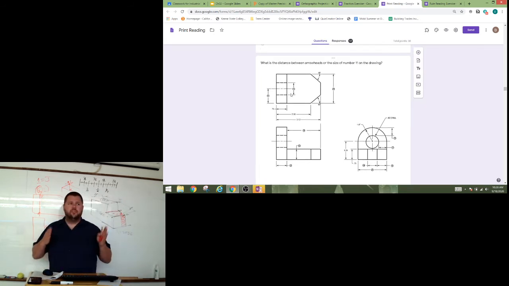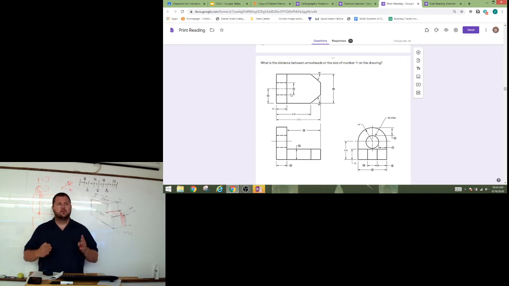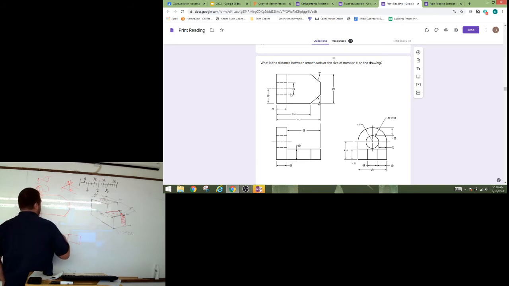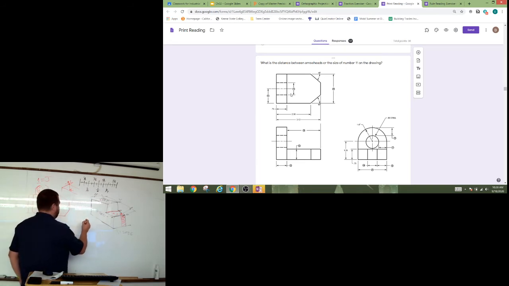Okay, with this, what you are doing is you are measuring in between the lines. So if I have a dimension line that's right here, and I need to figure out what it is, that's what I'm looking for. So this is the front view.